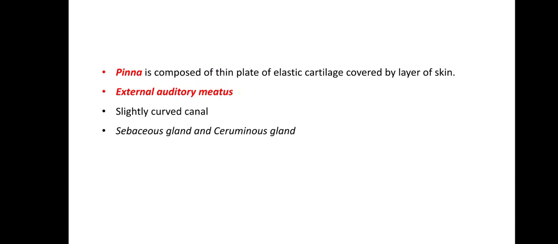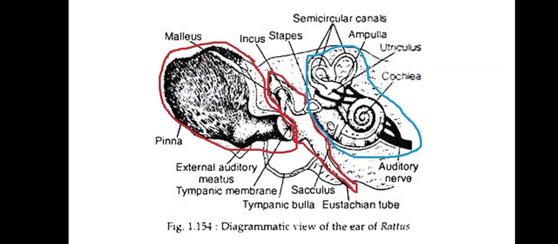Ceruminous glands are modified sweat glands that secrete cerumen, means wax. Means in this canal, wax is present to capture dust particles, and it protects the eardrum from some insects and some harmful substances which come inside with the air and sound waves.